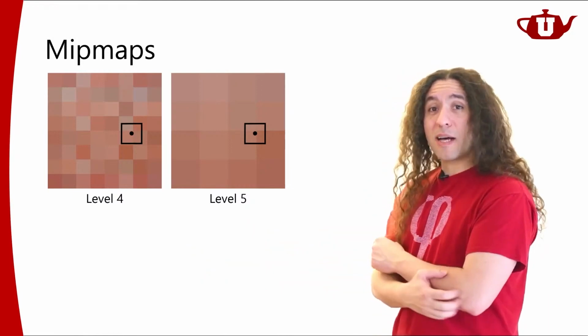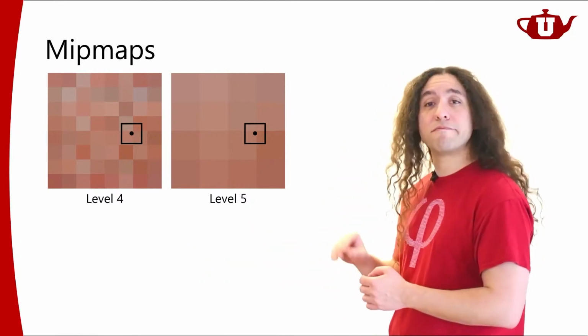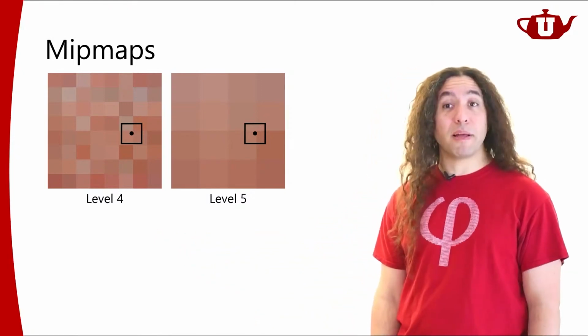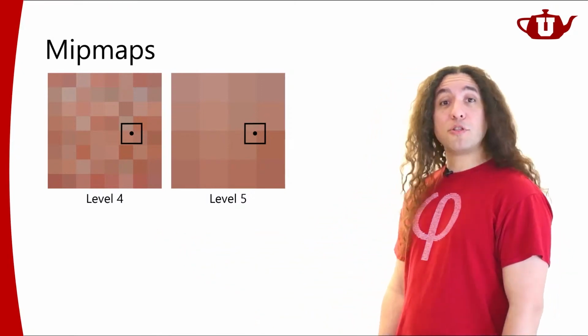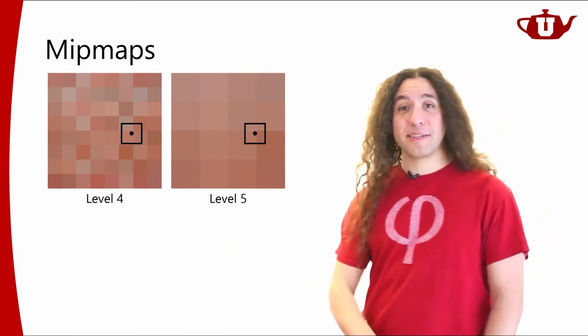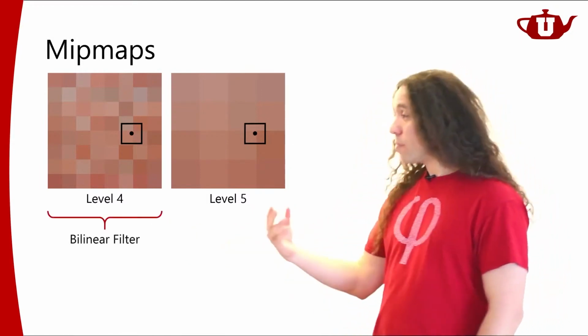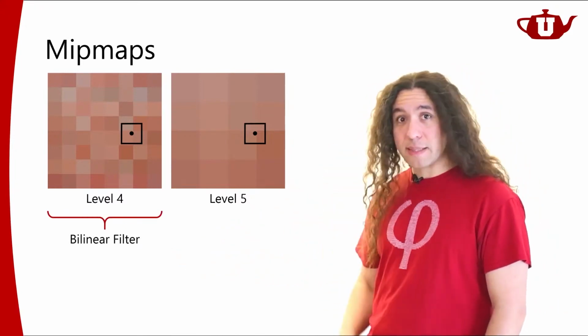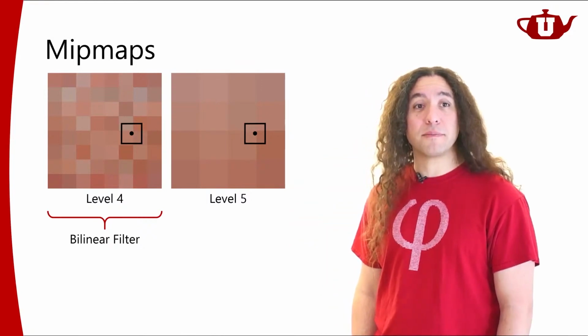My pixel size in texture space lies somewhere in between these two mipmap levels. So what I'm going to do is this. I'm going to do bilinear filtering at level 4 to get the bilinear filtered result for that position at the center of the pixel, right?